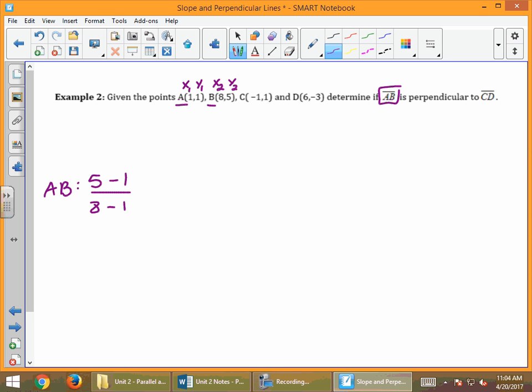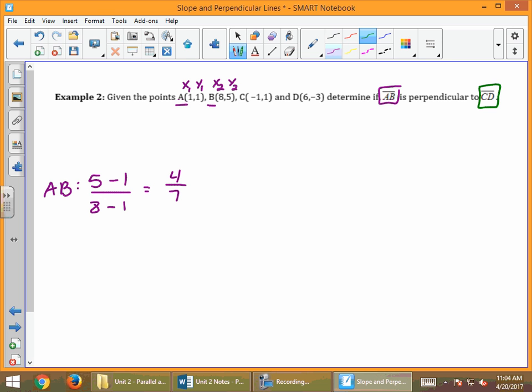Check for double negatives. 5 minus 1 is 4. 8 minus 1 is 7. So our slope of AB is 4 over 7. 4 over 7 can't simplify. So we're done with that one.